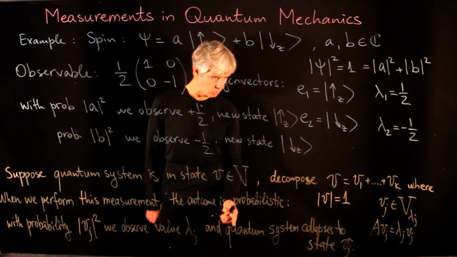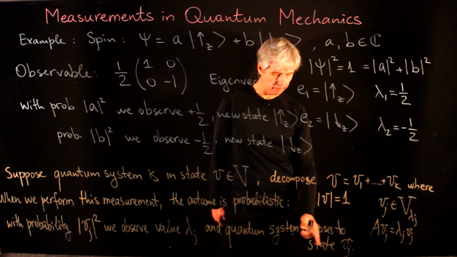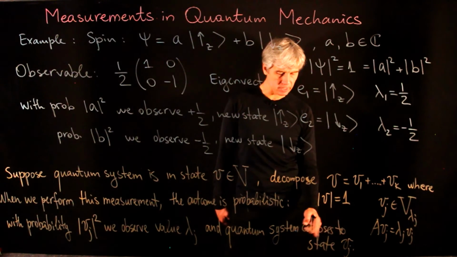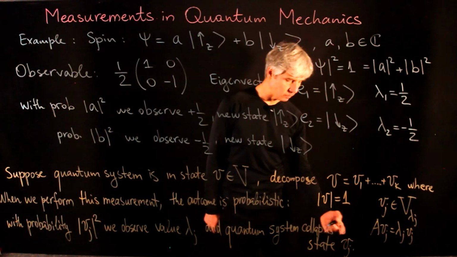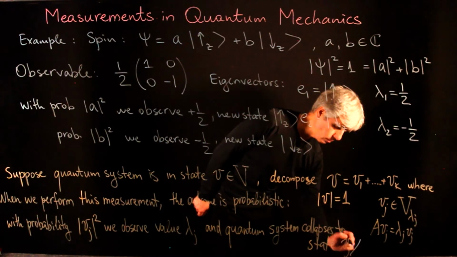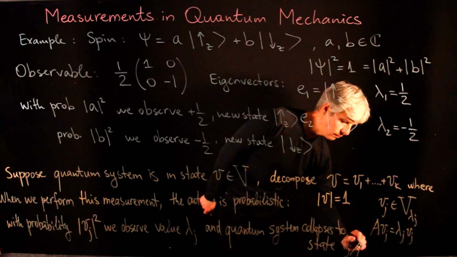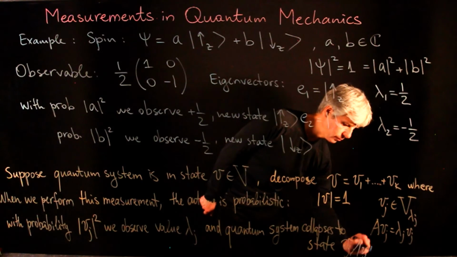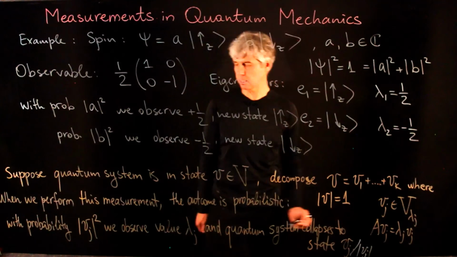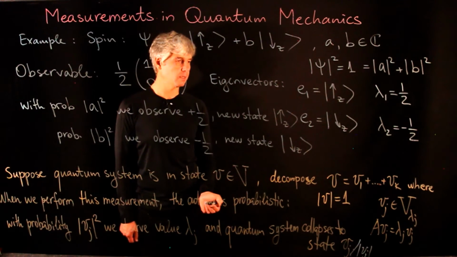Okay, so maybe I should say that when the system collapses to this pure state, then it needs to be renormalized. So this means that the new state is not really Vj, but Vj divided by the norm of Vj. So this is a correction that we need to make here.